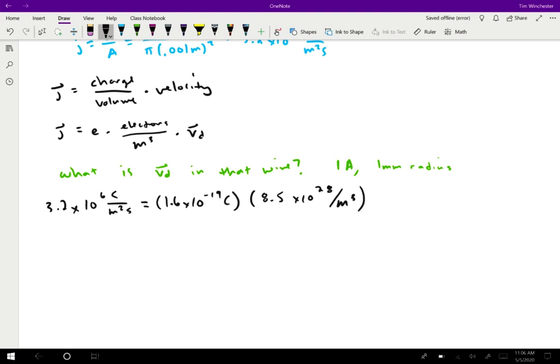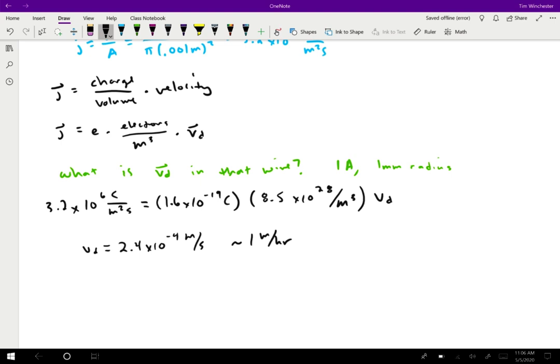All right, and then the last bit that we get is the drift velocity. Or in this case, the drift speed, since I'm not actually worried about the direction. So if I solve for the drift speed, that's easy enough to do. You just plug it into a calculator, and what I get is 2.4 times 10 to the negative 4 meters per second, which comes out in the ballpark of 1 meter per hour.